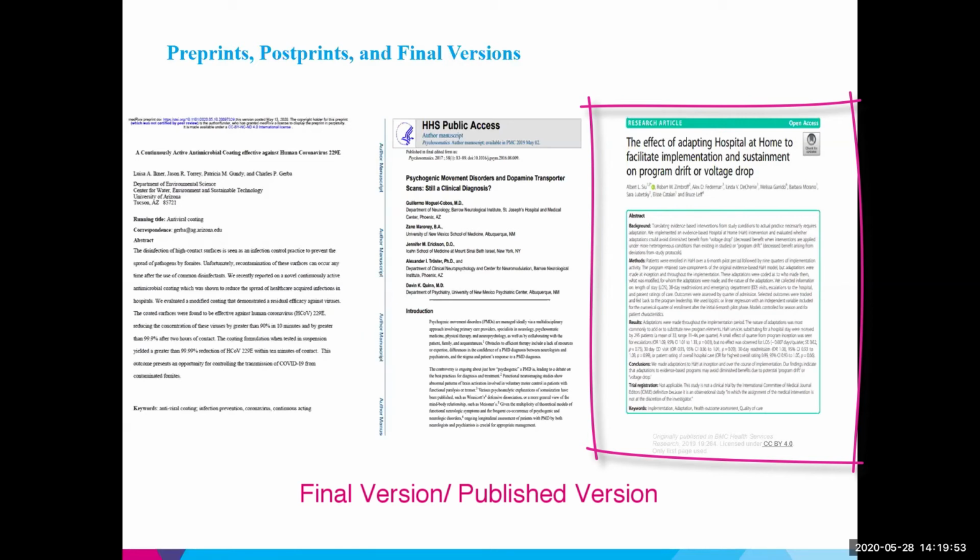That's the final version. And I'm going to tell you right now that publishers don't generally like their published versions being freely accessible unless they're open access. So this happens to be an open access article here. So this is a gold open access journal. So once again, you see that CC BY license at the bottom of it.